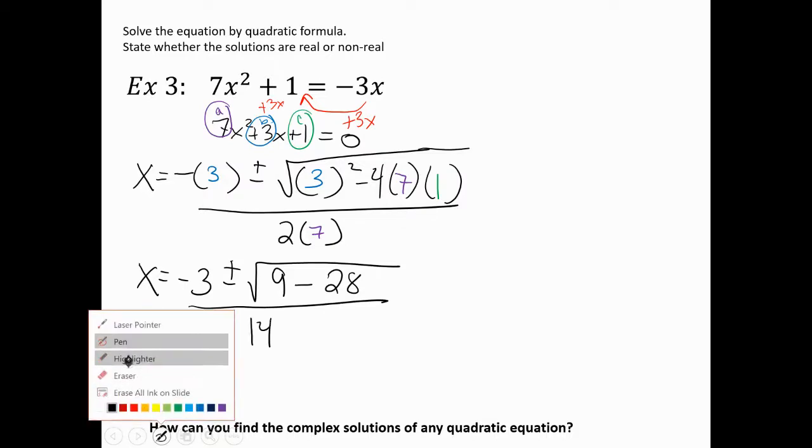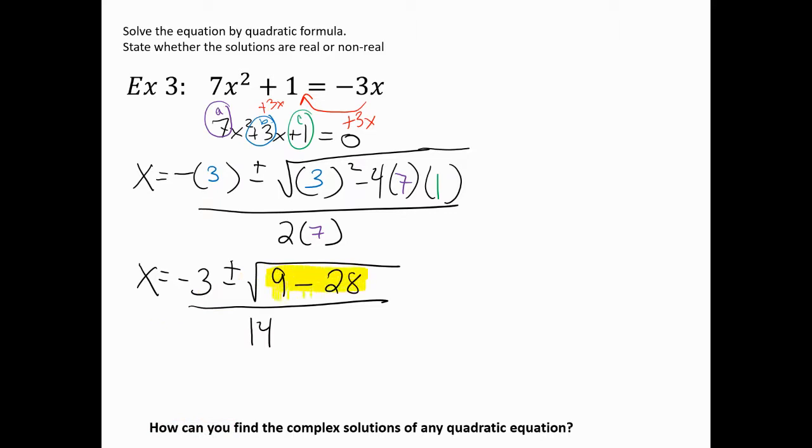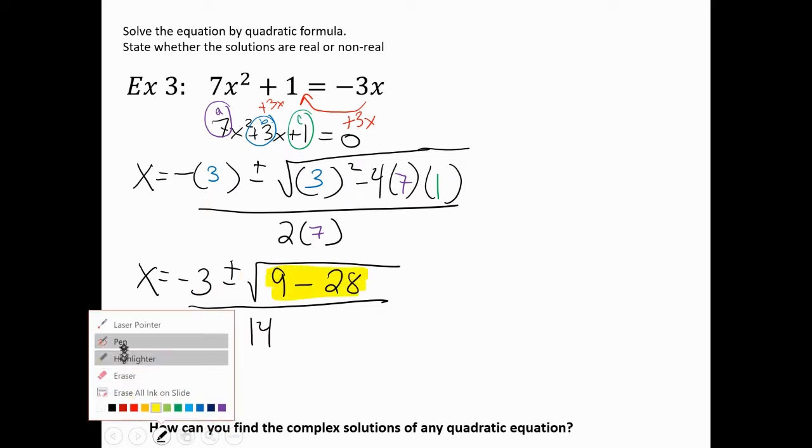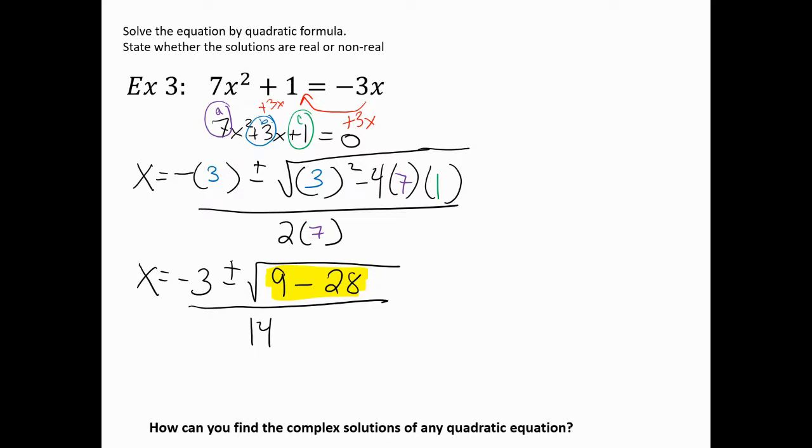Simplify inside of that square root. So we're going to have x equals negative 3 plus or minus the square root of negative 19, all over 14. Don't forget, anytime you have a negative in a square root, you must pluck out your i.